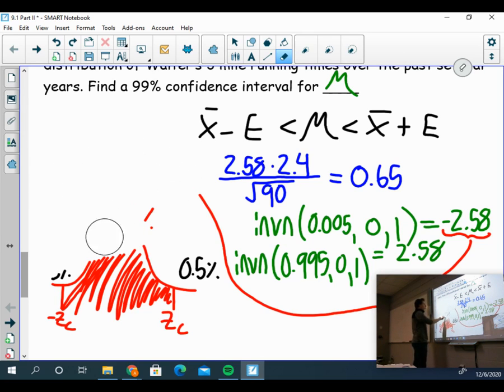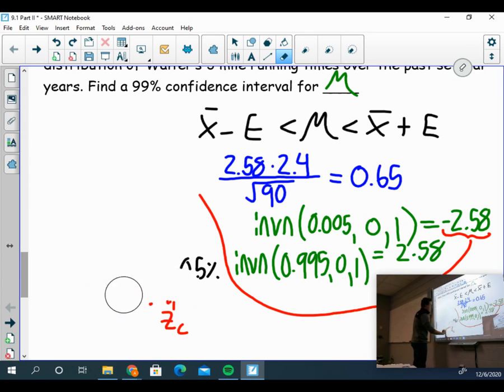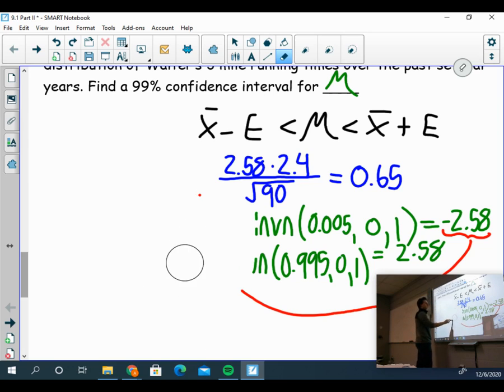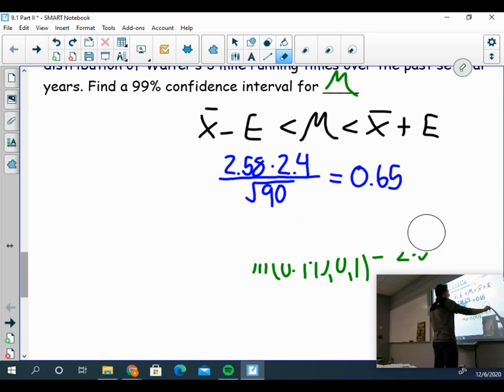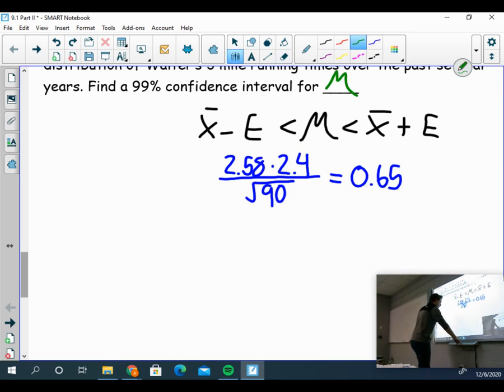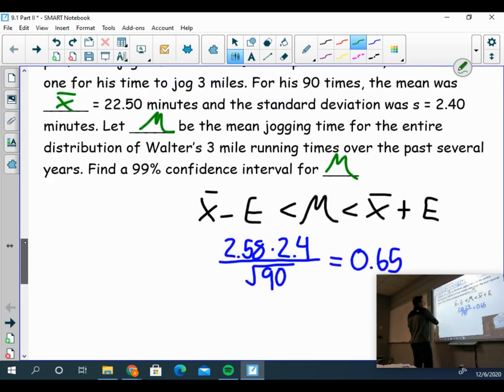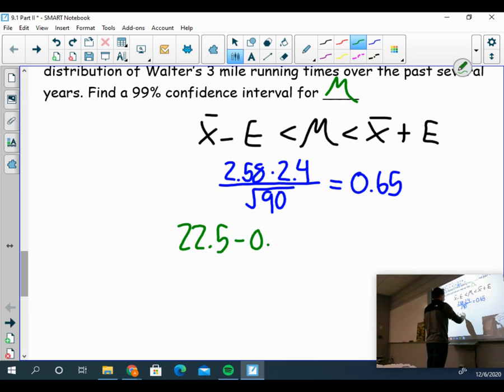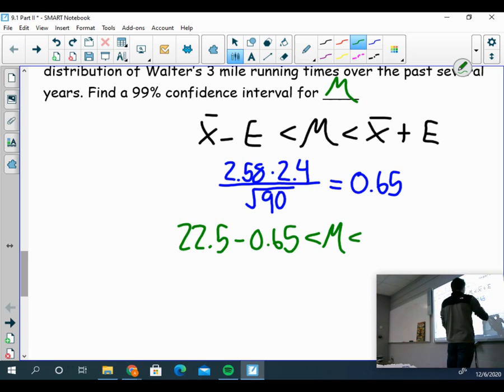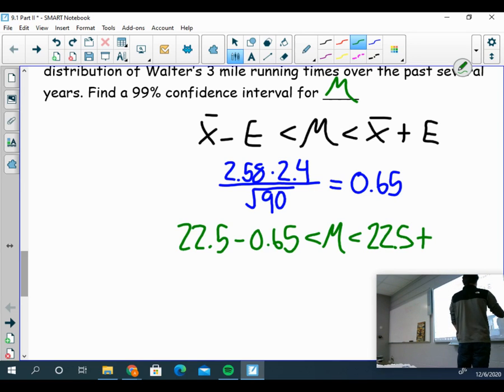So if the error in Walter's runtime is 0.65, we can subtract that from our mean. Walter's mean runtime was 22.5 minutes. So we subtract the error from our sample mean, and we add our error to our sample mean.